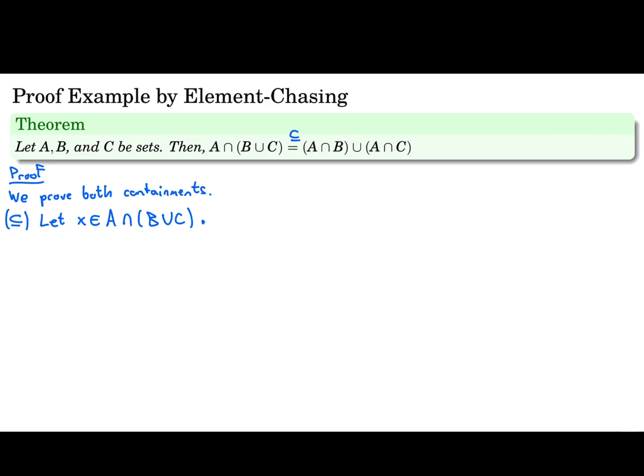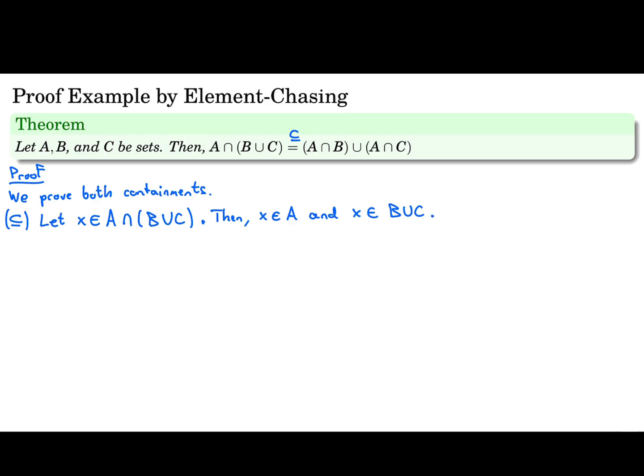So if x belongs to A intersection B union C, then by definition, x belongs to A, right? And x belongs to B union C. So this is just the definition of this intersection here.